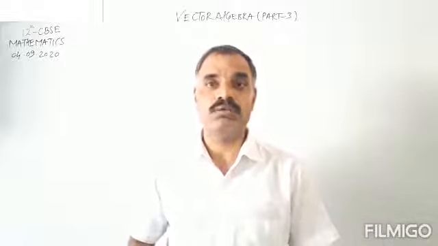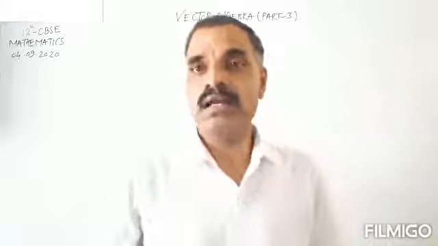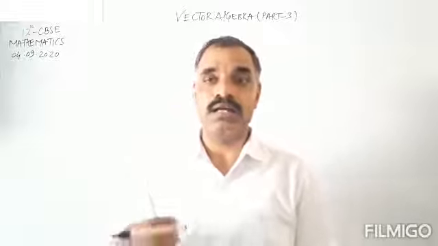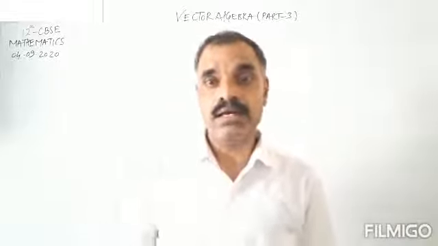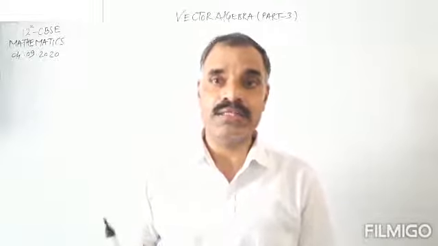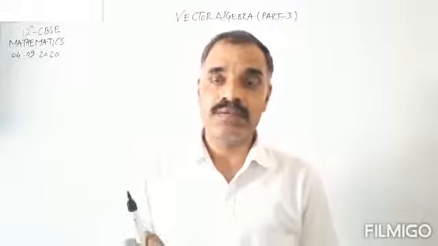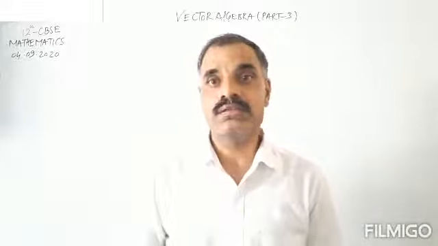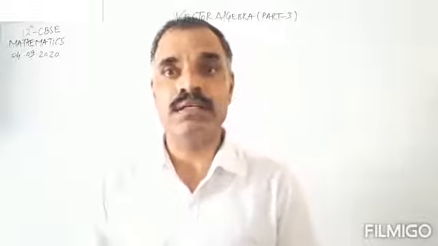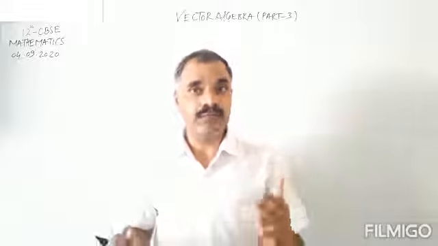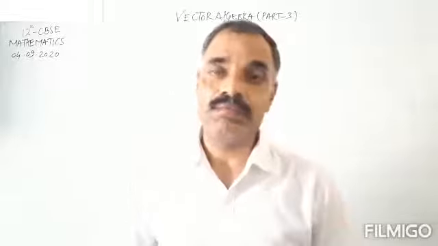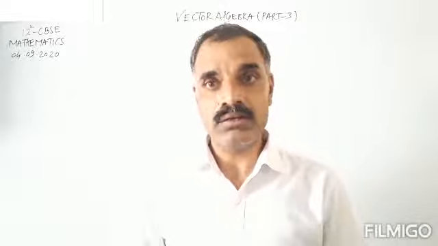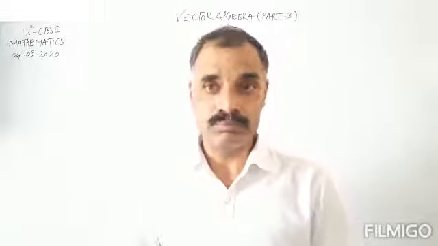The parallelogram law of vectors states that if A vector and B vector are any two vectors representing two adjacent sides with the same initial point in magnitude and direction, then the sum of these two vectors will be represented by the diagonal of that parallelogram with the same initial point. This is the parallelogram law of addition of two vectors.